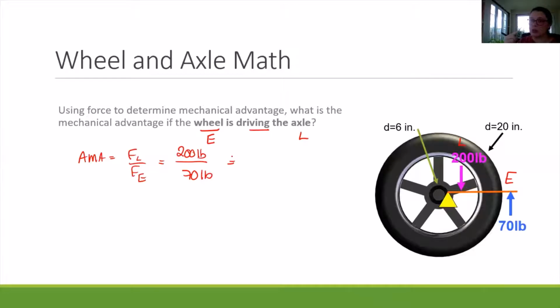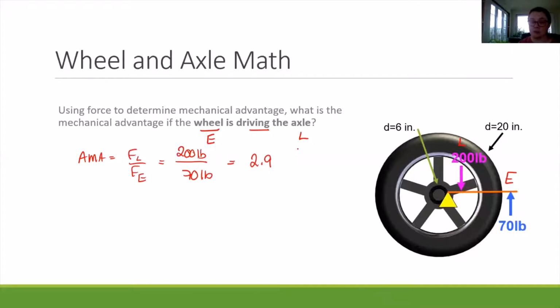When we do it in the context of simple machines, we're allowed to put force in pounds as long as the force is in pounds for both effort and load. Okay, so 200 divided by 70 gives me 2.9. So the amount of force I can put on the column was multiplied 2.9 times by using the wheel.